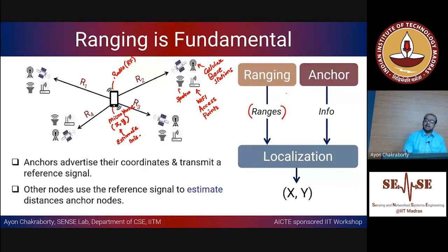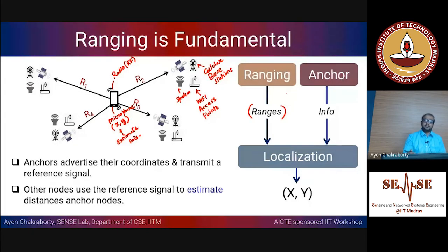And the other thing that you require is the location of the anchors. If you remember, in the range equations, we are using something like (xi minus xu) whole square plus (yi minus yu) whole square. So xu and yu is the coordinates of the device that needs to be tracked, and xi, yi and zi is the 3D coordinate of the satellite.